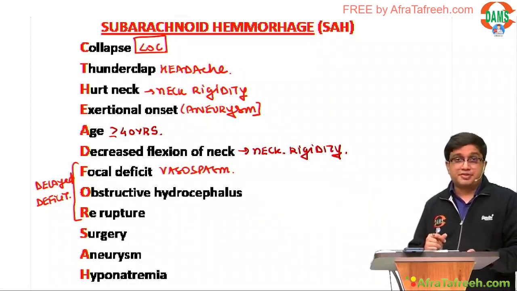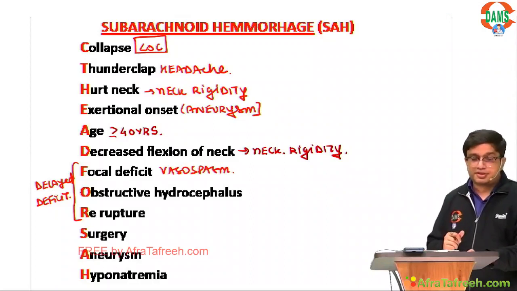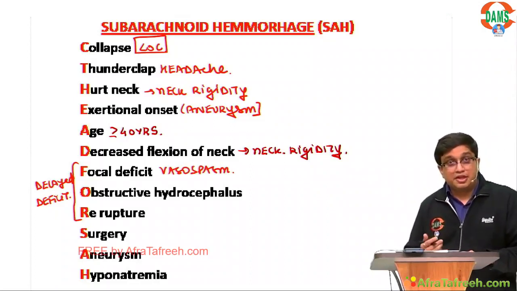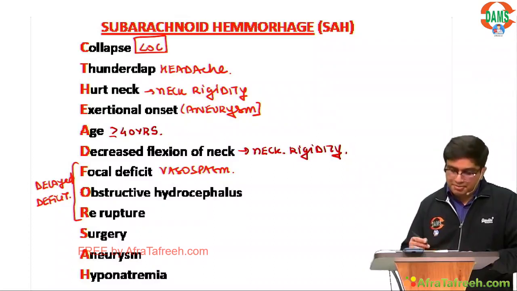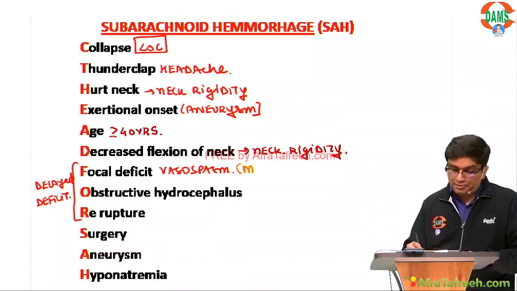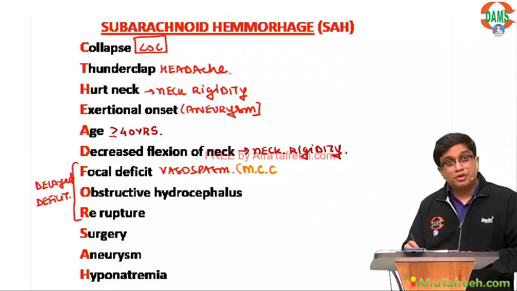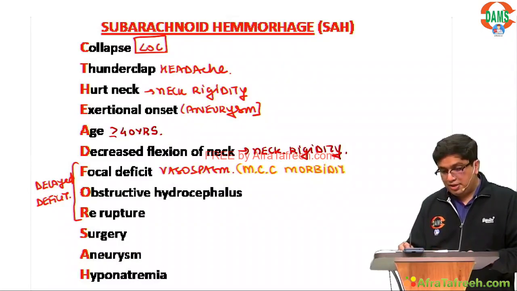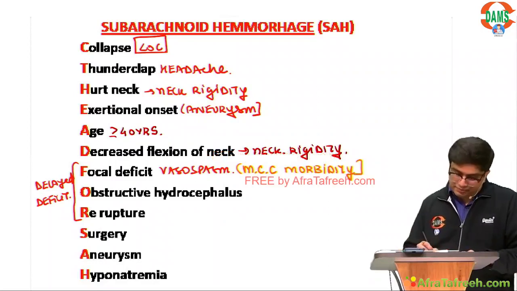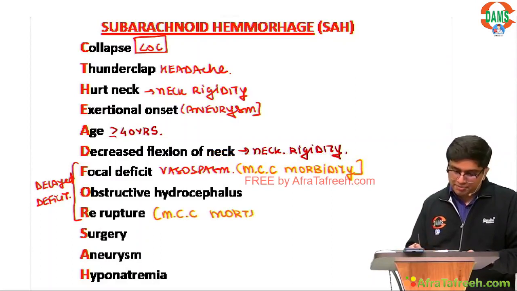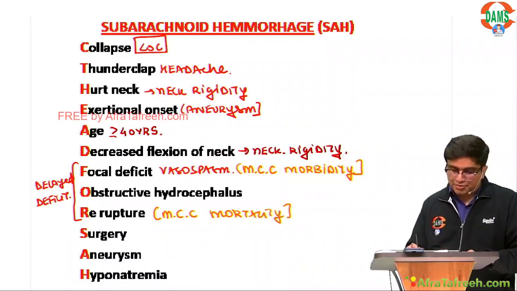Obstructive hydrocephalus due to impairment in the flow of the CSF could be there, and re-rupture, once it ruptures, it can rupture again. Please remember, the most common cause of morbidity in a patient of SAH is always vasospasm. The most common cause of mortality in a patient of SAH is always considered to be re-rupture.